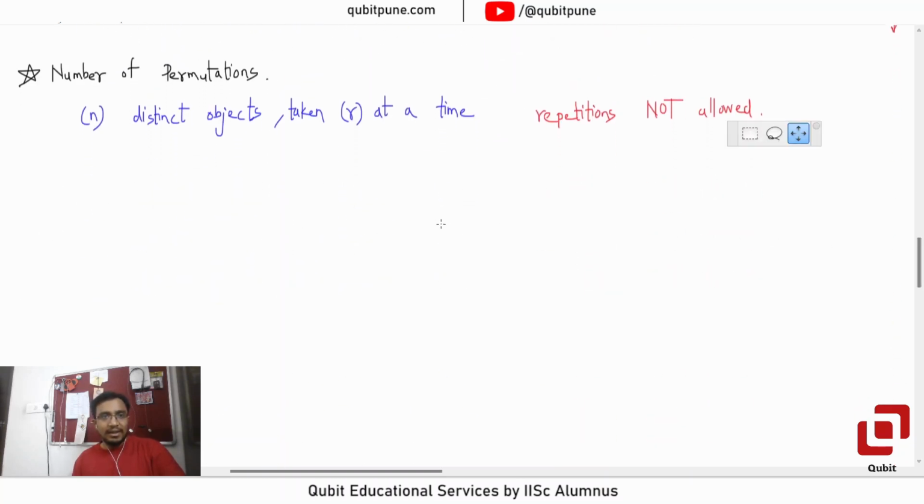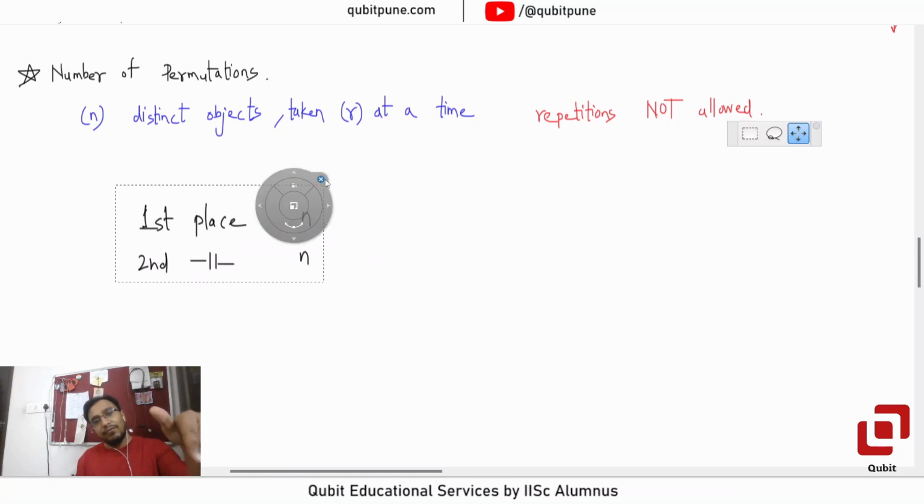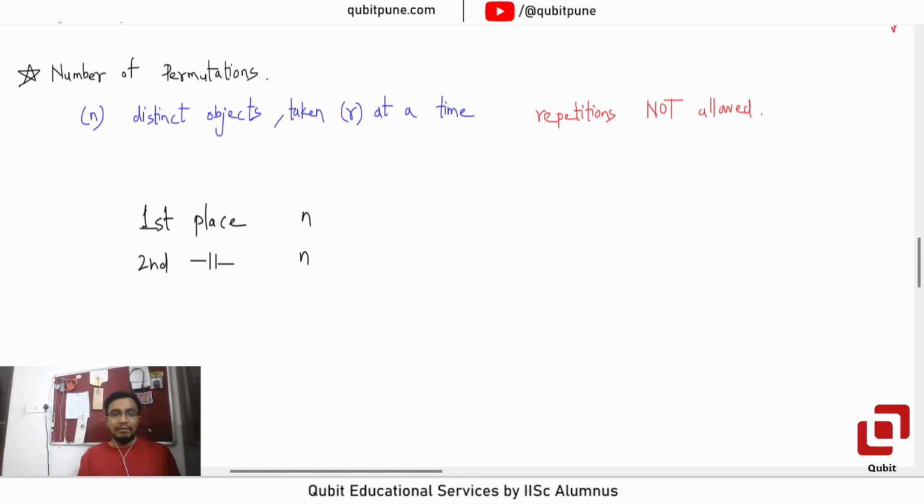Now in the second case where I am saying that the repetition is not allowed, for the first place there are n options available, but for the second there will be one less option available because you chose an object and put it there. So the number of permutations here will be n into n minus 1 into n minus 2, and how far should we go? We should go till r places.